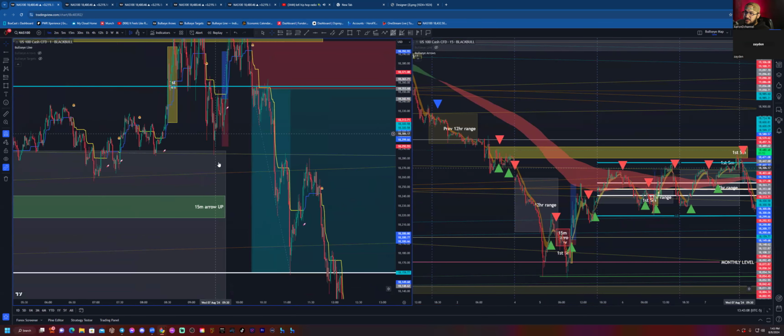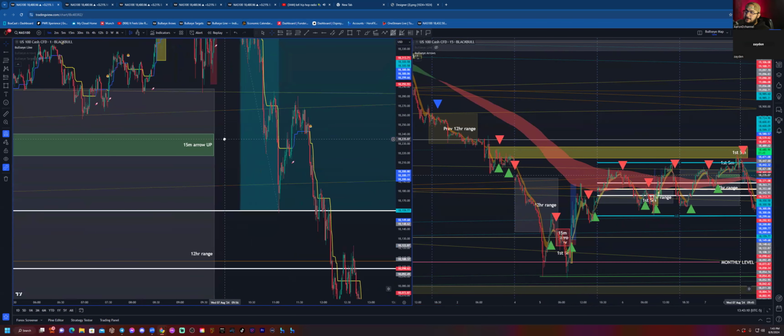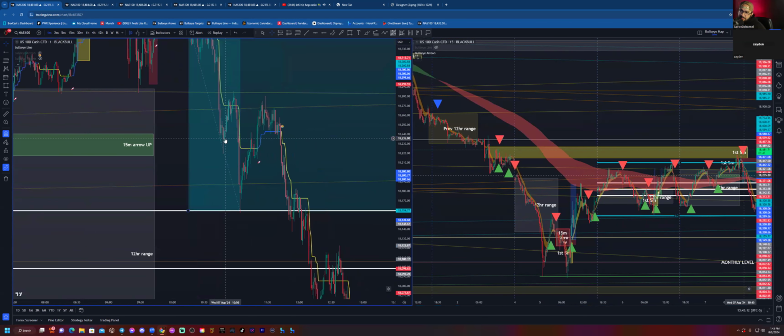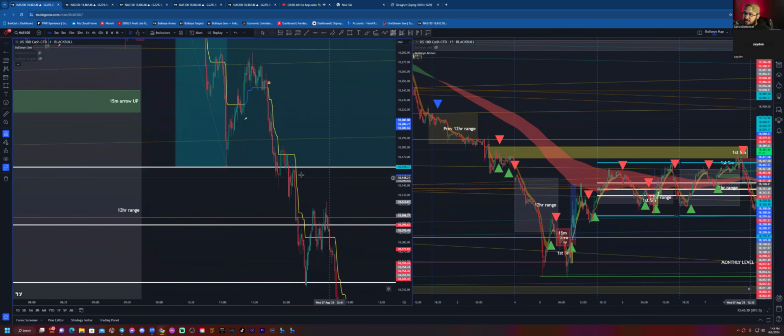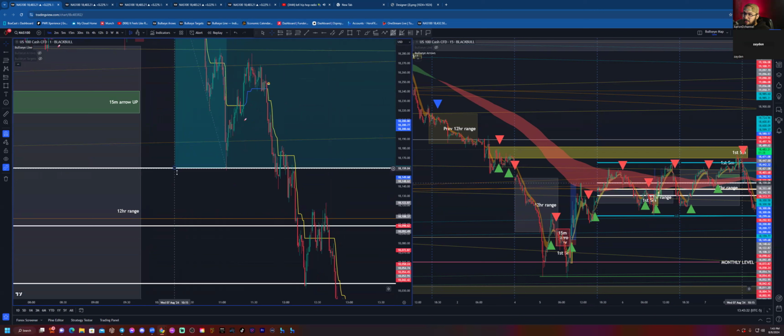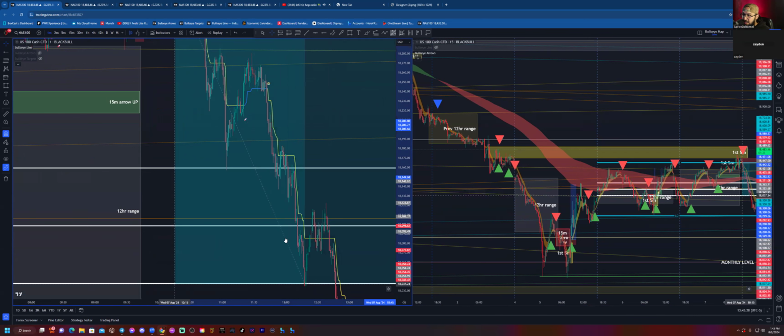And it continues down. I'm paying attention to the map, right? It touched the arc, came all the way back up, broke beneath it again, then continued to fall. I'm holding this to the second white line, to the third white line.